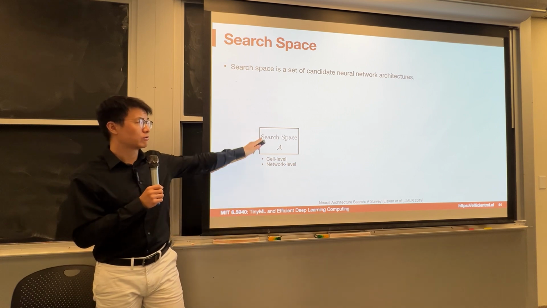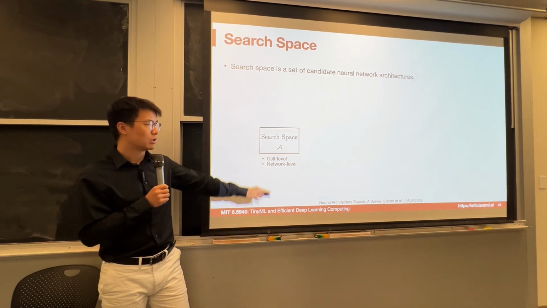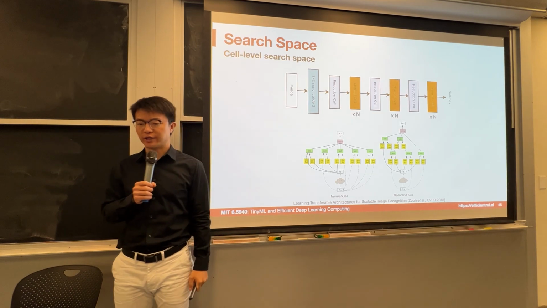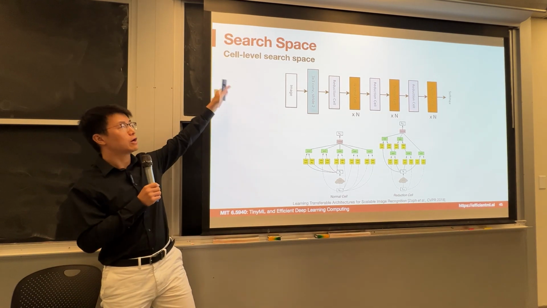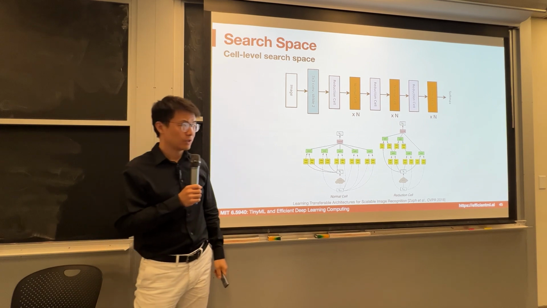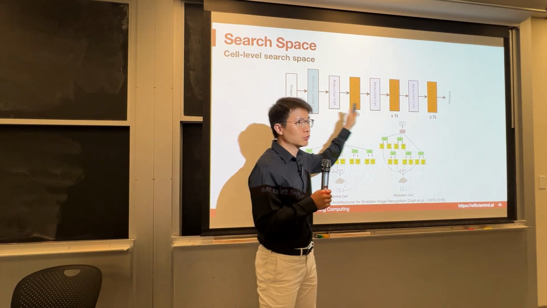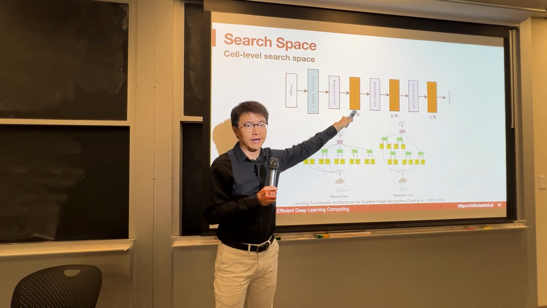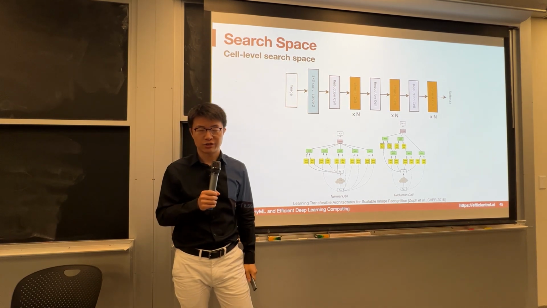So let's start with the search space. We're going to talk about cell level search space and also network level search space. And we'll start with cell level search space. A neural network has many building blocks. Each block, we want to find the best architecture of them.